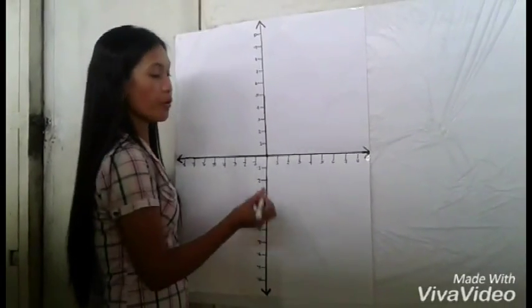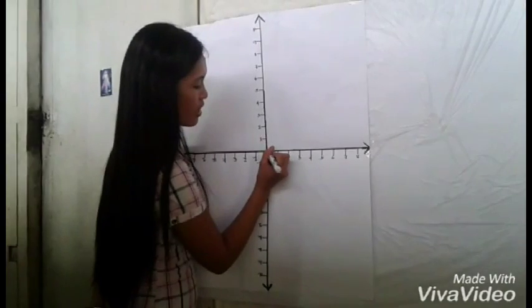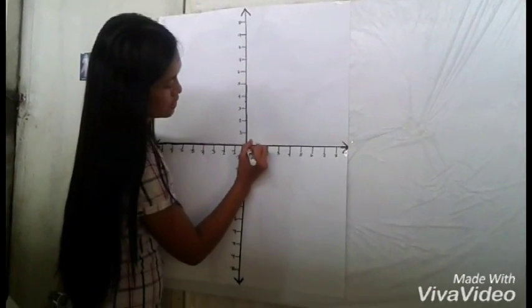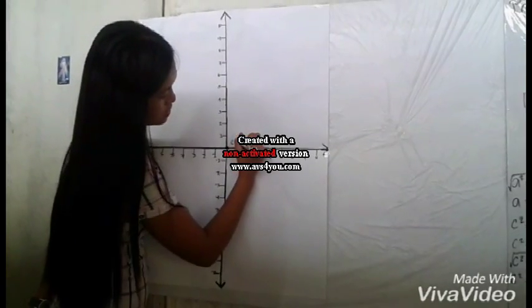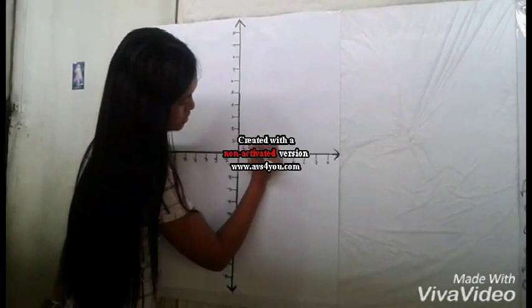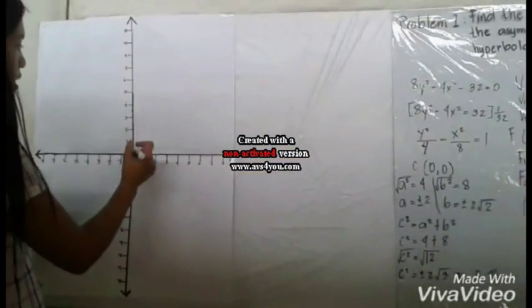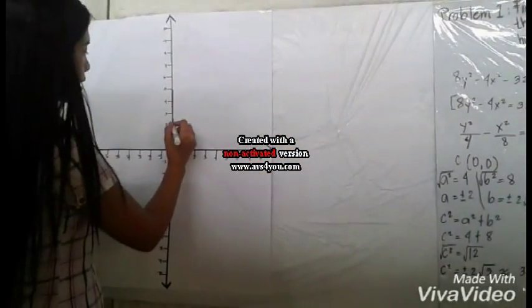We are now sketching the graph. So our center, the origin, is 0 and 0. Our vertex 1 is 0, 2.